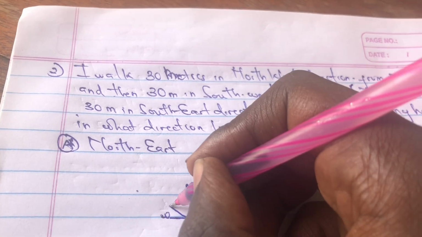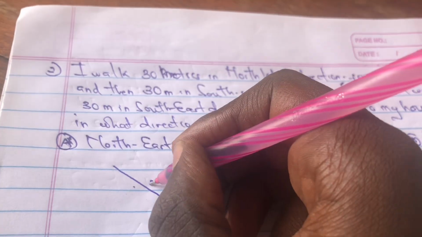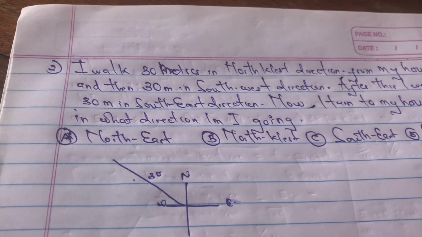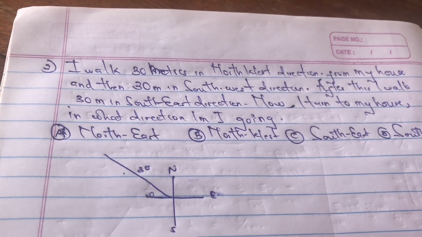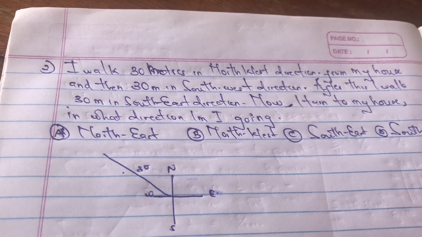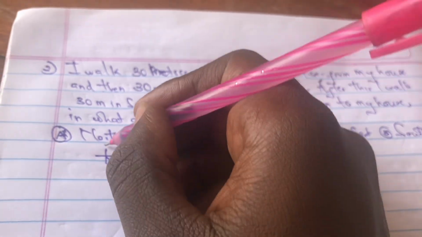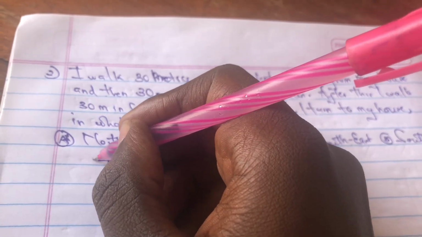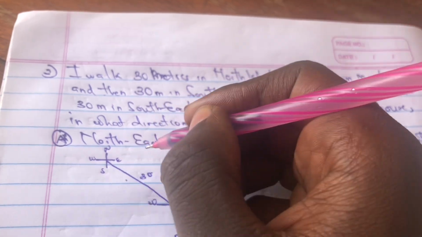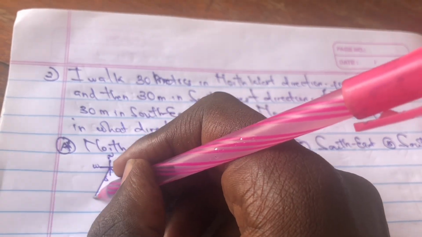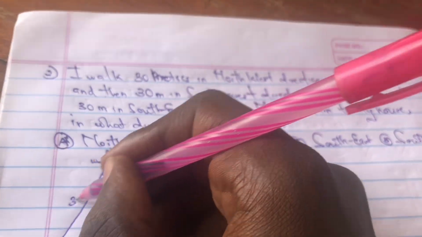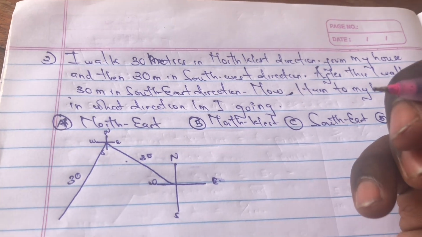So this person walks like this, 30 meters in the northwestern direction from my home, and then 30 meters in the southwestern direction. So you can put your compass here. If this is north, this is west, this is south, this is east. Southwestern direction is this, and he moves again 30 meters in the southwestern direction.